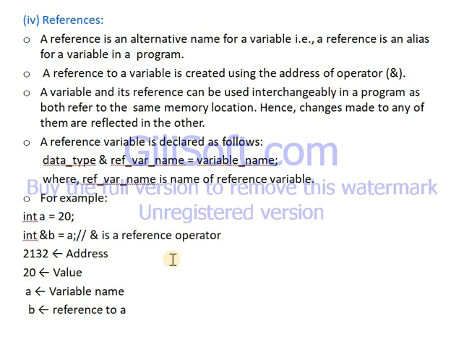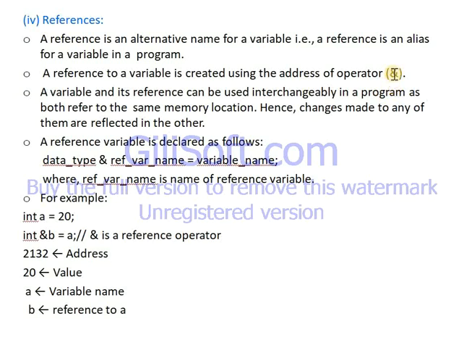Next derived data type is references. The name itself suggests, a reference is an alternative name for a variable. That is, a reference is an alias for a variable in a program. References provide an alternative variable name. Means a reference to a variable is created using the address of operator.